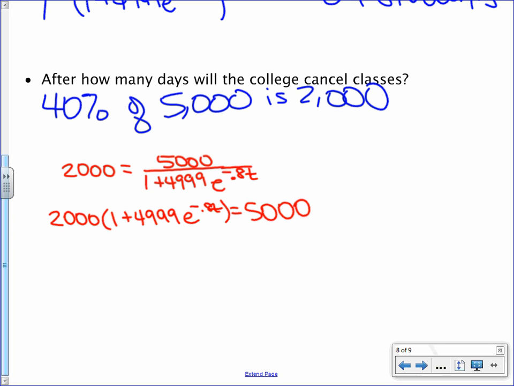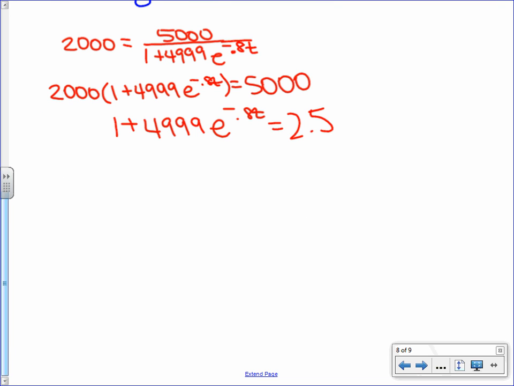Then what? We can divide by 2,000. Which would be 2.5, right? 5,000 divided by 2,000 is 2.5. Okay, next step.